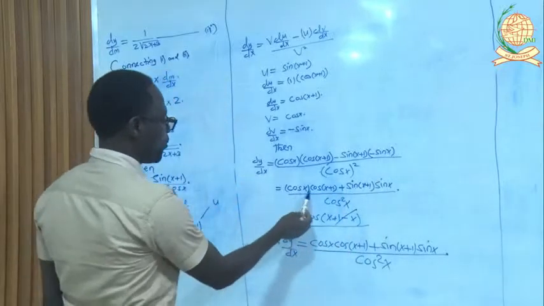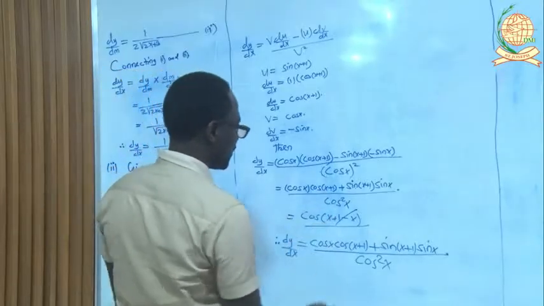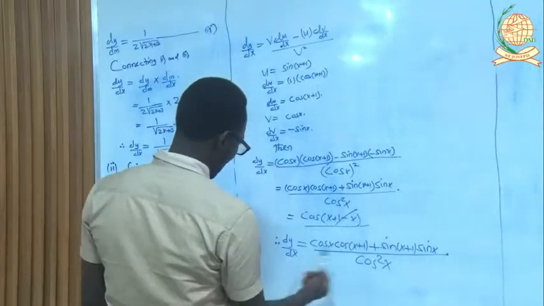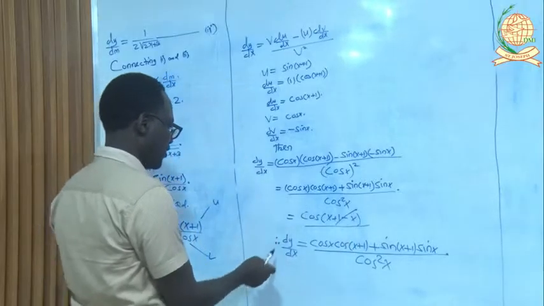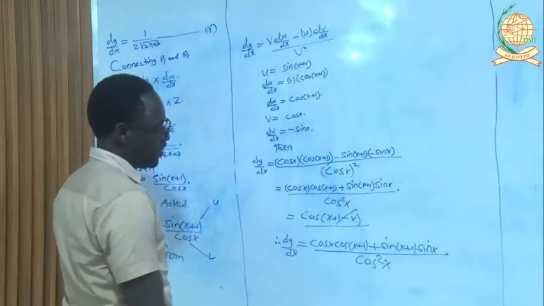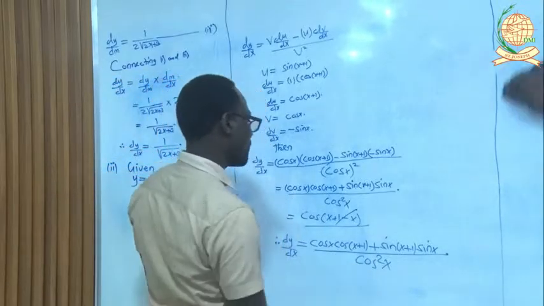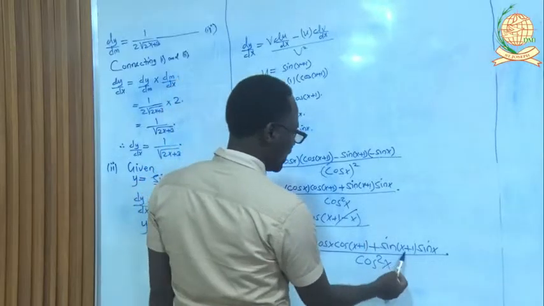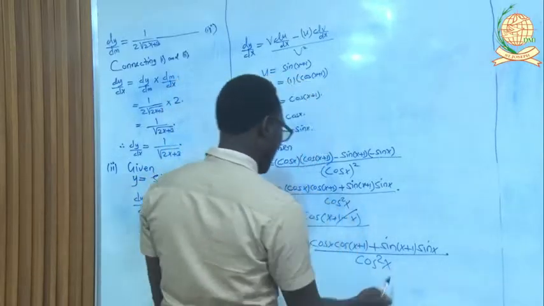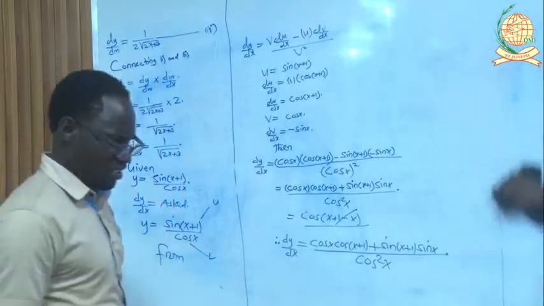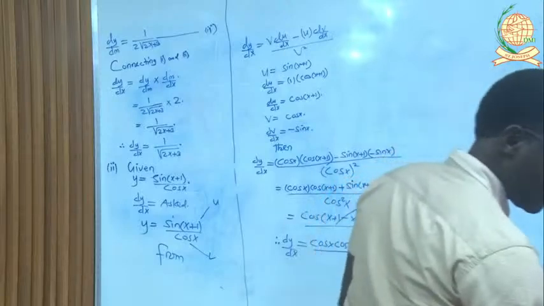This will be equal to cos x plus 1 plus sin x plus 1 sin x over cos squared. Now that is the answer. So therefore dy over dx will be equal to cos x times cos x plus 1 plus sin x plus 1 sin x divided by cos squared x. So this is question number 4b, Roman 2.